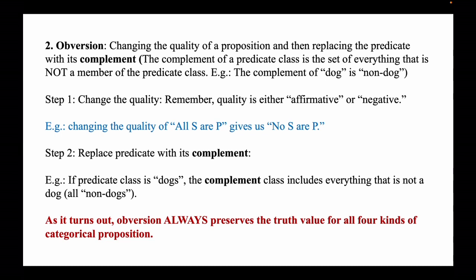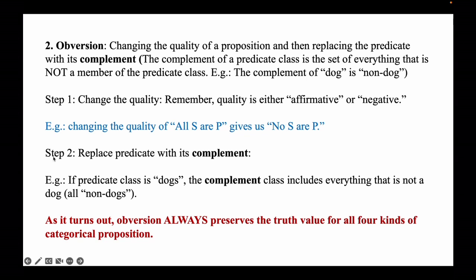So, for example, changing the quality of an A form, all S are P, will give us a negative, no S are P. Notice that I just changed the quality, not the quantity. So if I change only the quality, I go from affirmative to negative, or from negative to affirmative. That's why I change from an A form to an E form.